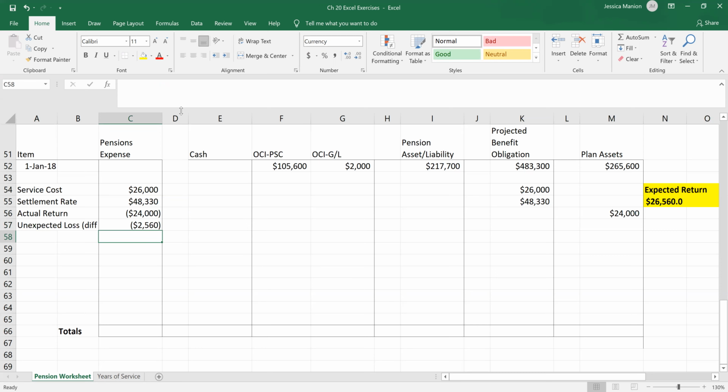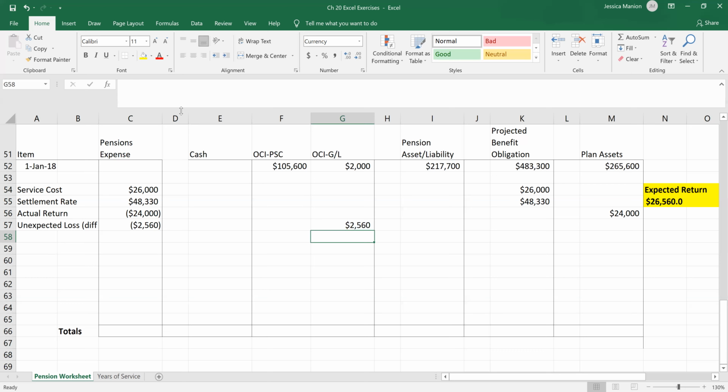There we go. Because again, just like the actual returns decrease our pension expense, any losses that we claim are decreasing our pension expenses as well, increasing other comprehensive income for gains and losses is what that one would look like. So now that account's going to be up since we're increasing that now.